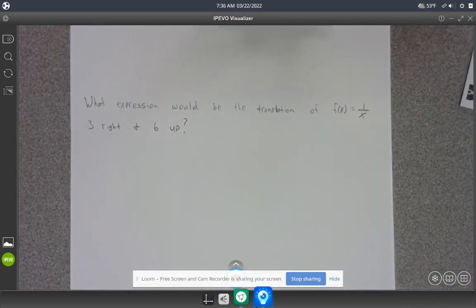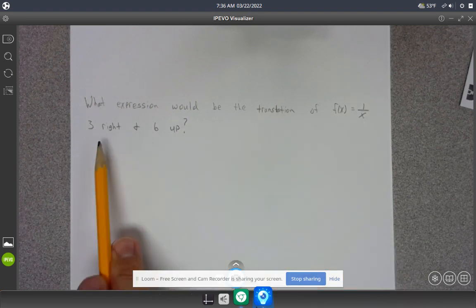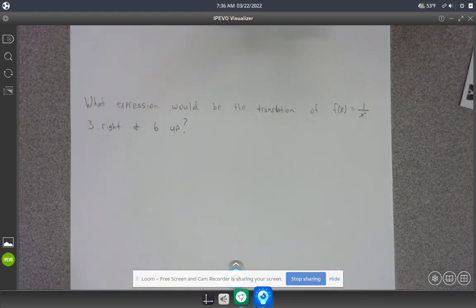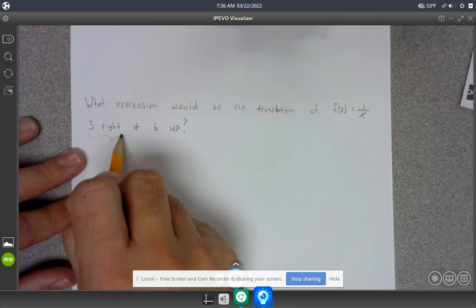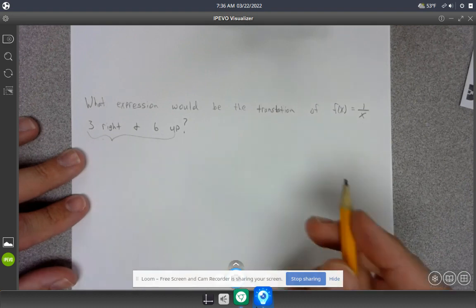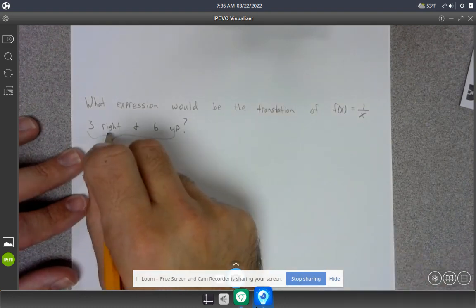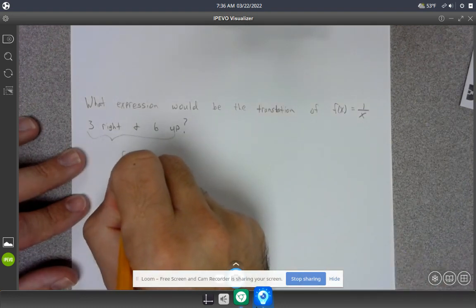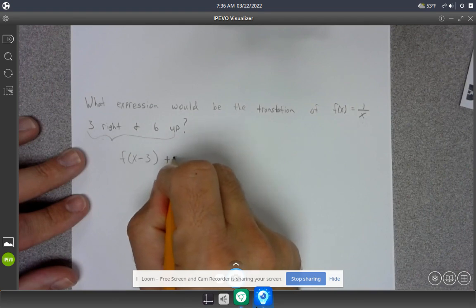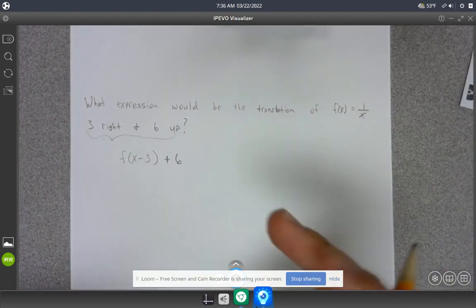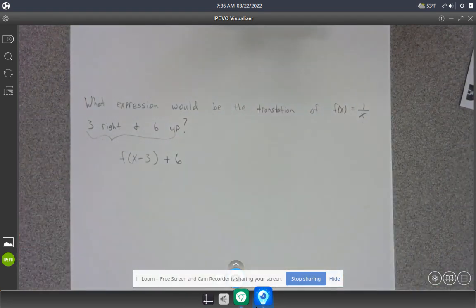All right, what expression would translate 1 over x, 3 to the right, and 6 up? Okay, so the first thing I'm going to do is I'm going to write this out in function notation, what it would be. So 3 to the right is going to be f of (x minus 3). You subtract from the inside, and then 6 up, we would add 6 on the outside, and that is our answer in function form, in function notation.